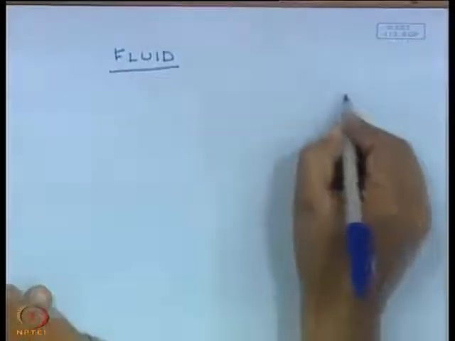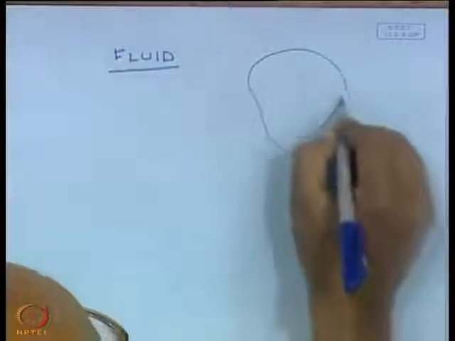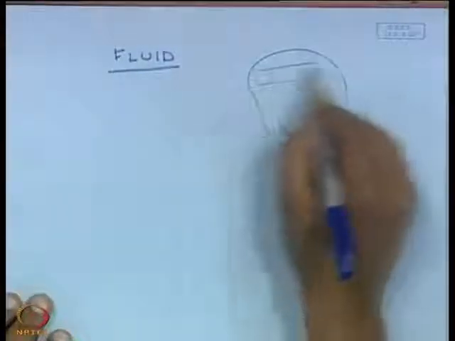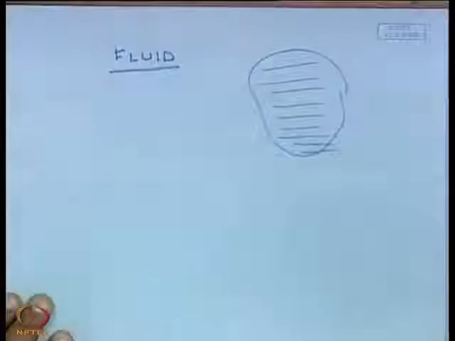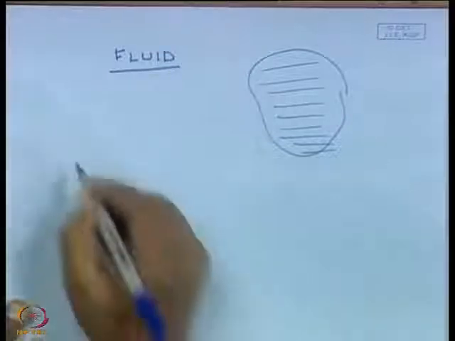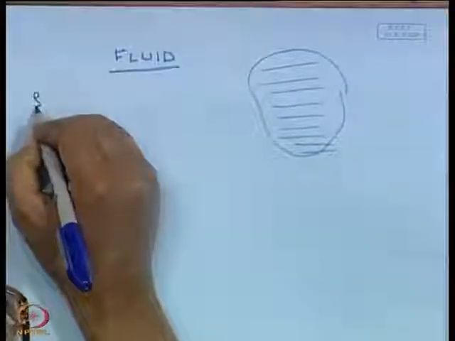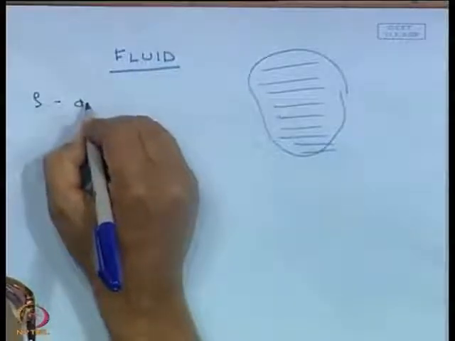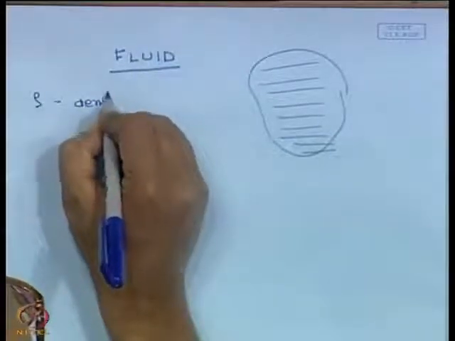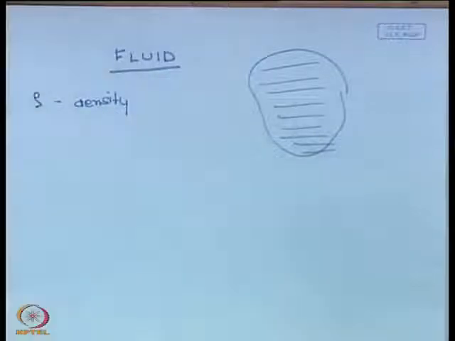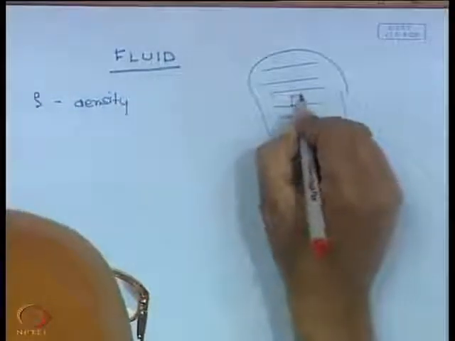Let us just draw a picture. For example, this is a region of space which is filled with some medium, and we will describe it in terms of the density rho. This is the mass density, so the density tells us the mass inside a small volume.